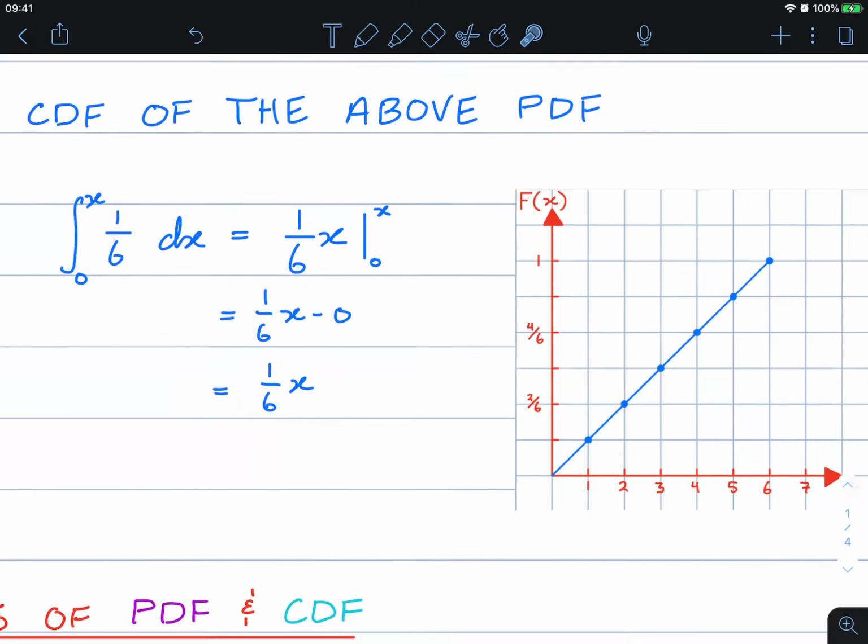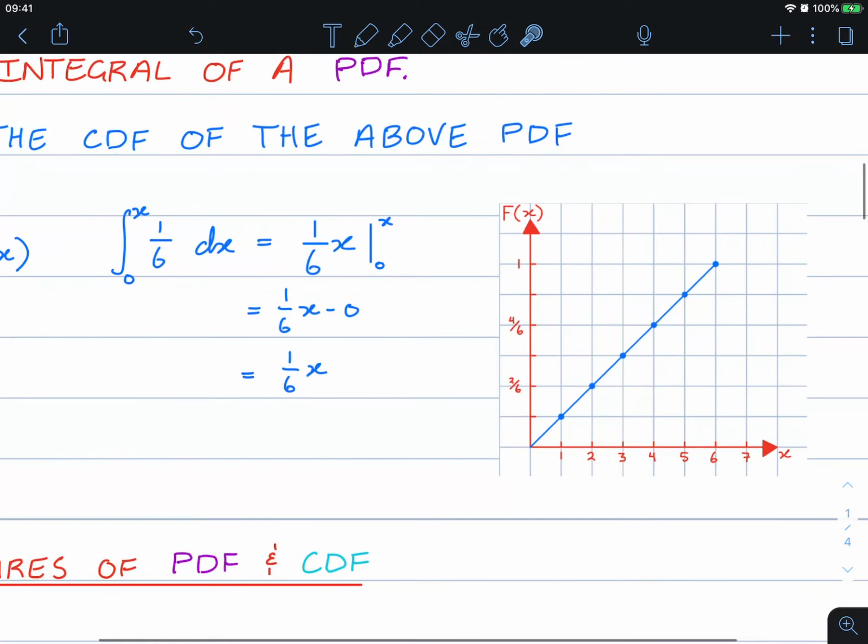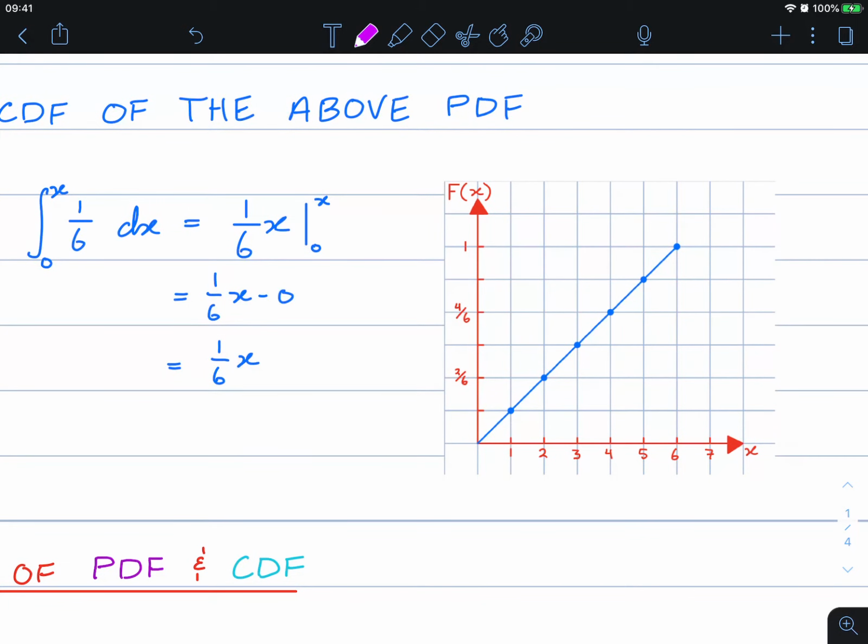Equals 1 over 6 x. So what this represents now is, what is the probability of picking, let's say, a number x less than or equal to 3.5?